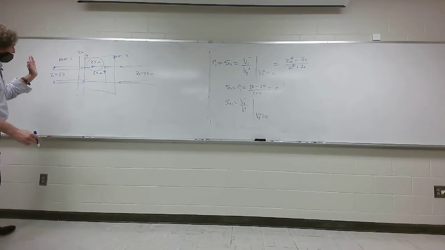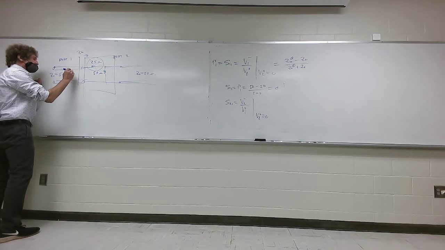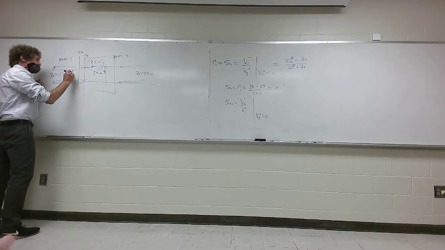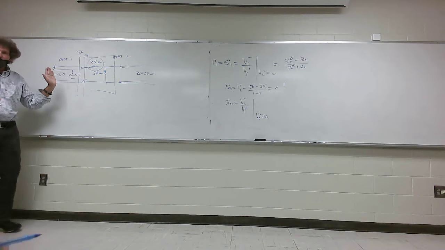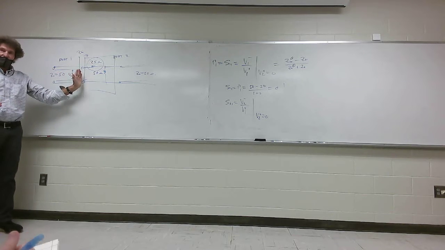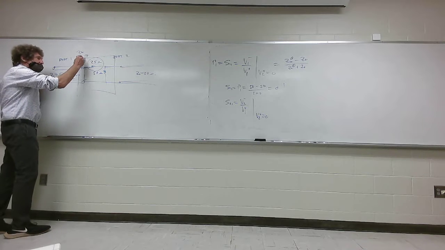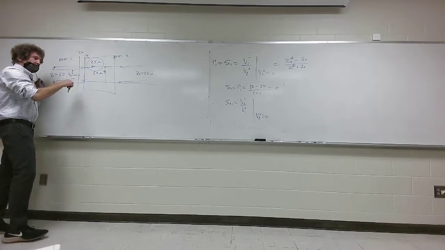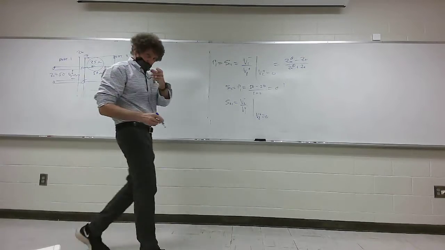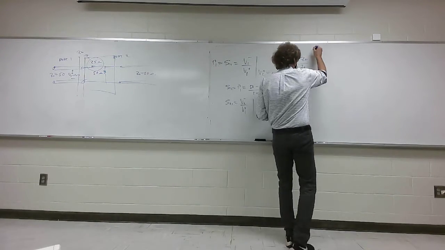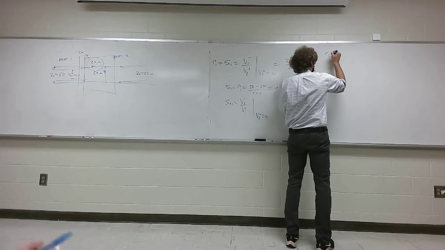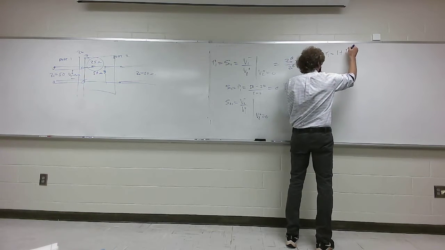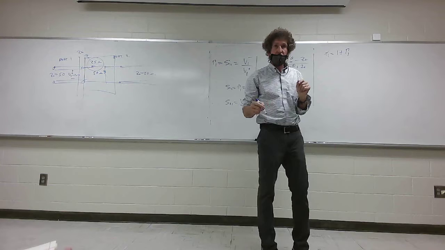Now, we're going to assume that we have V1 plus coming in. Do y'all follow me? It hits here, right? Now, something you're unaware of, there's a transmission coefficient between this region and this region. That transmission coefficient, by definition, is 1 plus the reflection coefficient of port 1, isn't it?